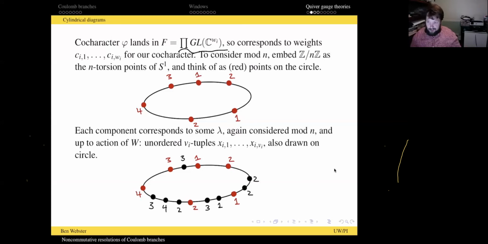Each one gives you an idempotent, and there's some complicated correspondence of which simple modules the idempotent acts non-trivially on. There will be multiple different idempotents that act non-trivially on the same simple module, and idempotents that act non-trivially on multiple simple modules. So yes, there is some connection to the fixed points, but it's more complicated than that.